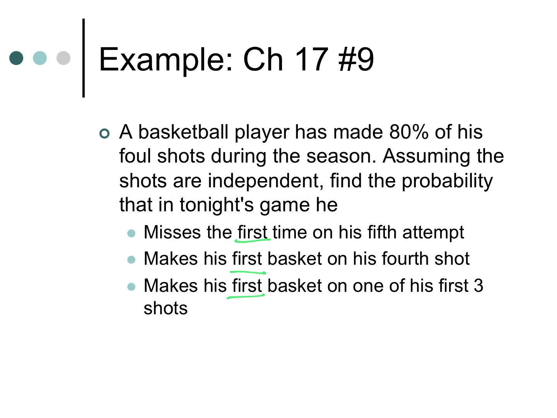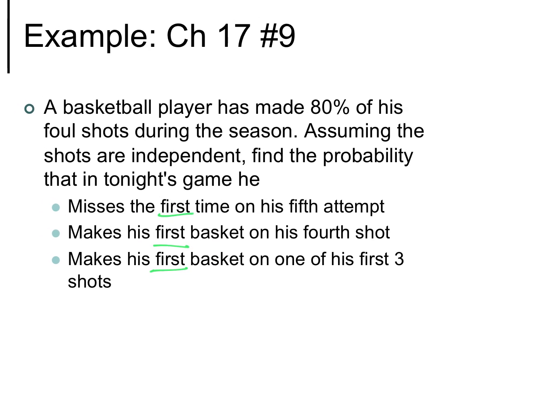So, how do I find that probability? What's the probability that his first miss is on his 5th attempt? So the probability of a miss is 0.2. Here's an example when the success is actually a failure in life, right? We're talking about his first miss being the success.